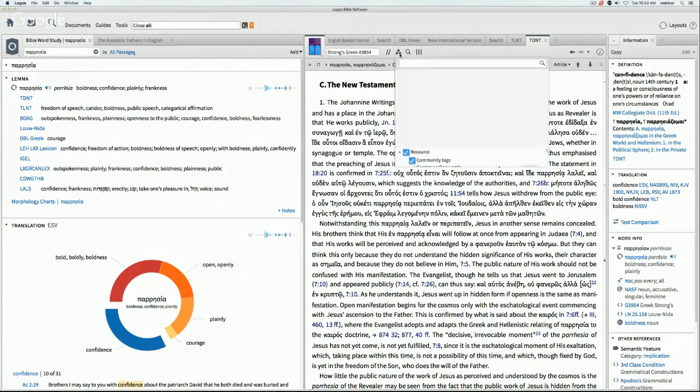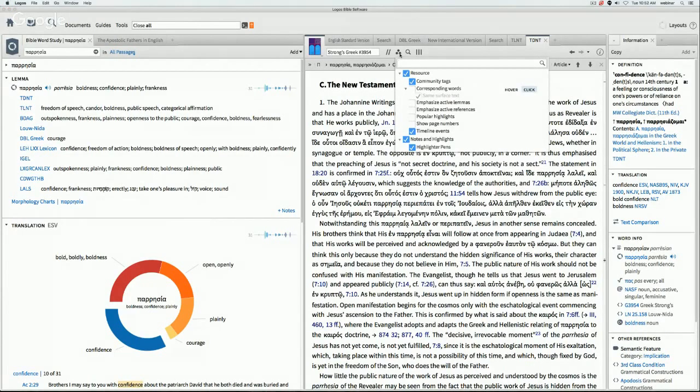I'm going to click on the visual filters menu and look for the one that says emphasize active references. Basically, if one of the references that appears in this lexicon entry is open on my screen in another panel, it'll highlight it for me.